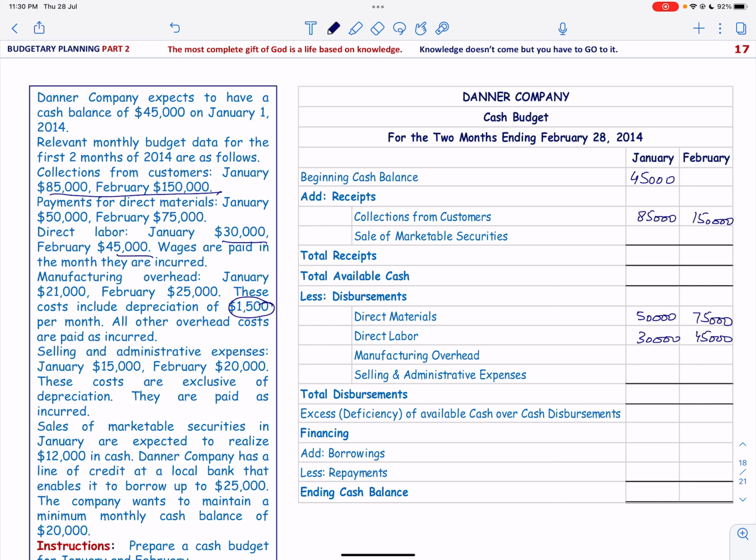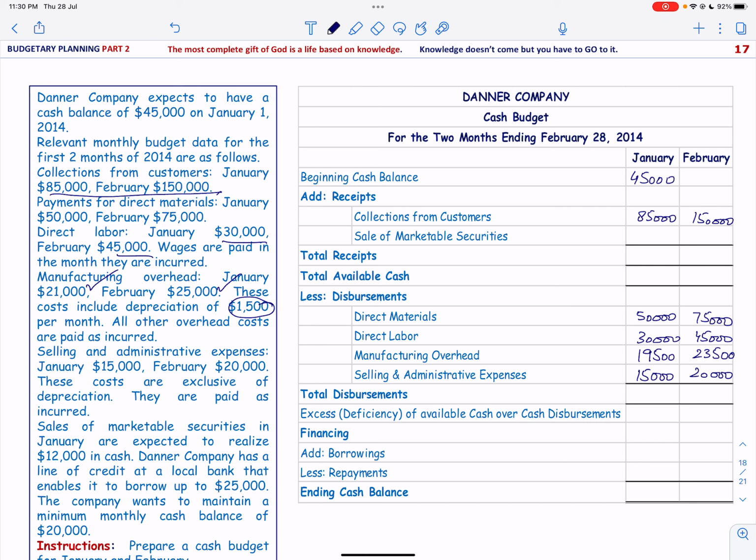Now depreciation is a non-cash expense, so we will not include it in our disbursements. We will be subtracting it from 21,000 as well as 25,000. So the totals will be 19,500 and 23,500. Then we have selling and administrative expenses of 15,000 and 20,000.